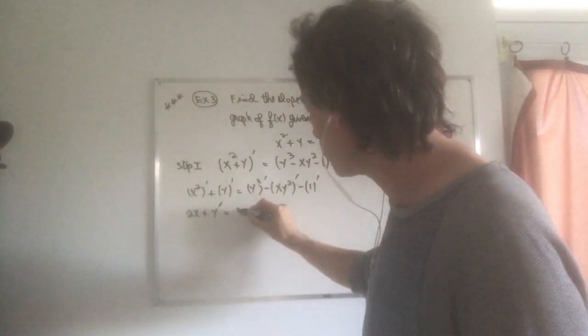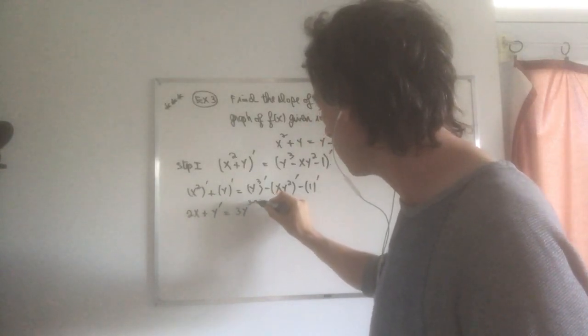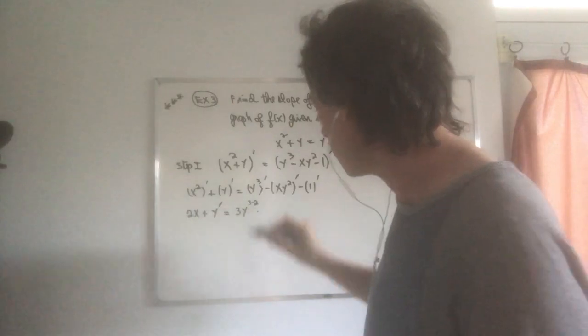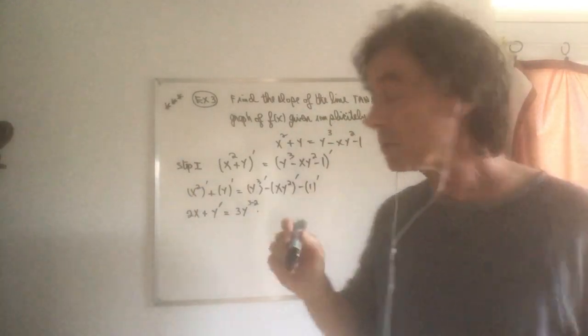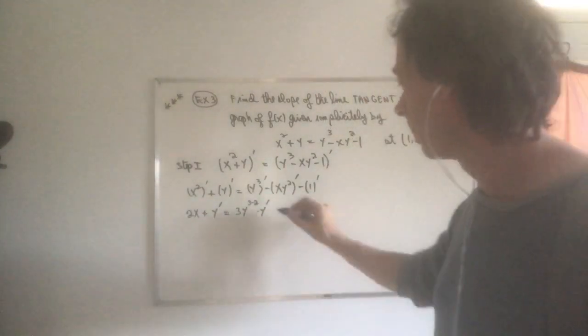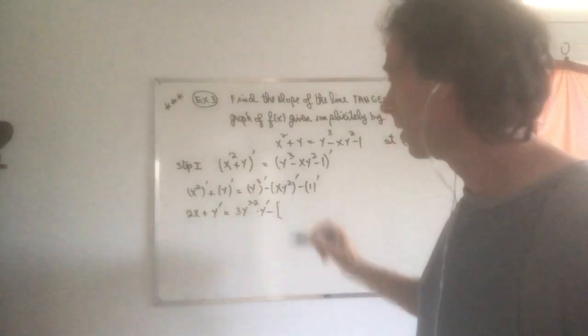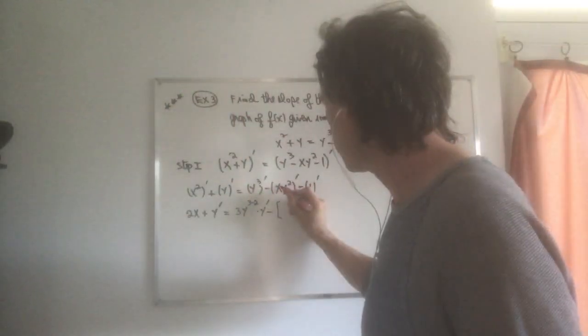Bring the 3 in front, y to the 3 minus 2 times the derivative of the inside. That's f prime, but f is y, so y prime. Minus xy squared, we've seen that before.